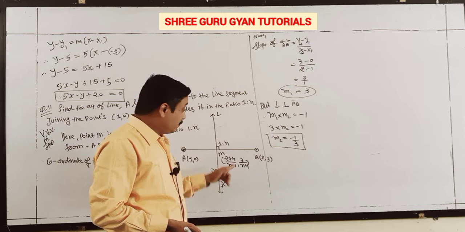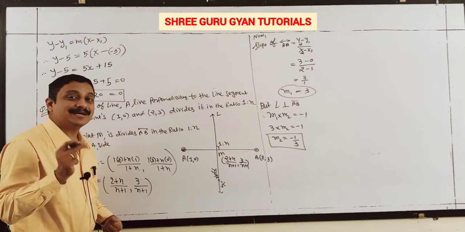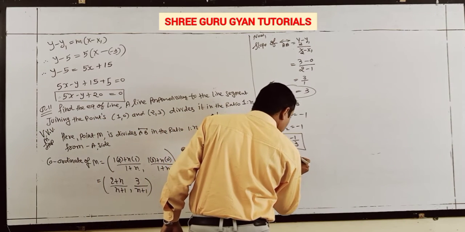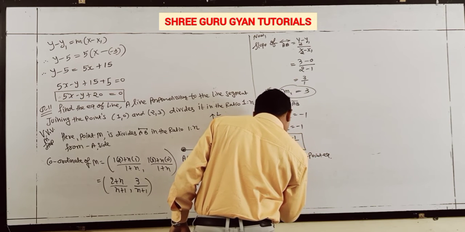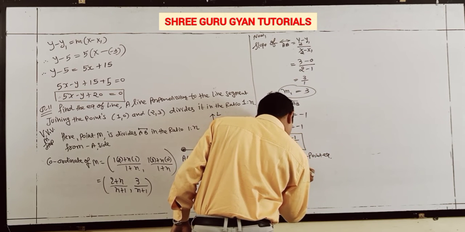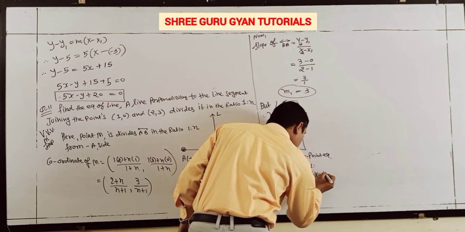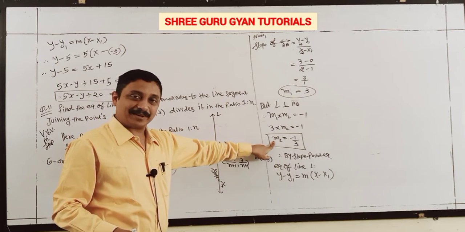Line L passes through the point I already derived here. It means I go by the slope-point form. Therefore, the equation of line L is y minus y1 equals m times x minus x1, where m means the slope, minus 1/3.